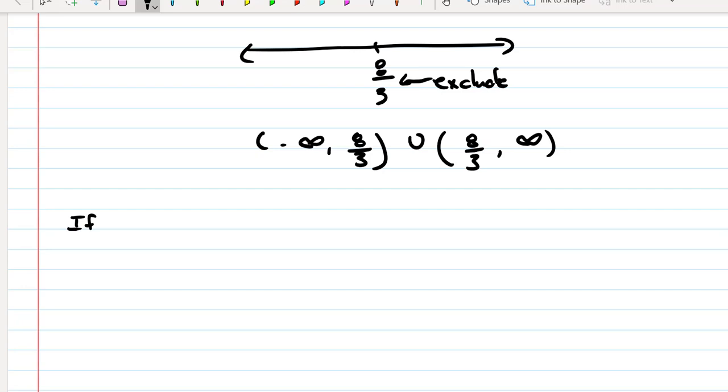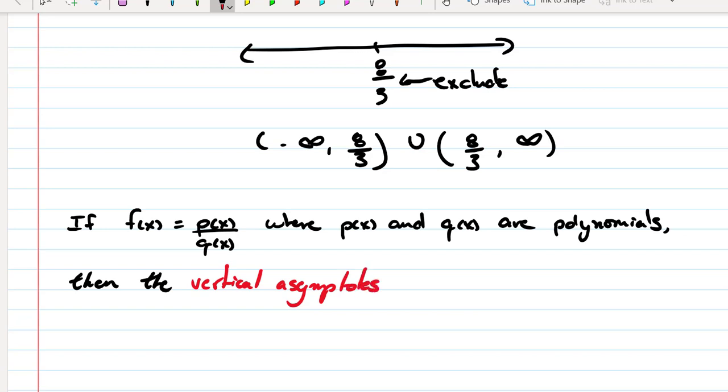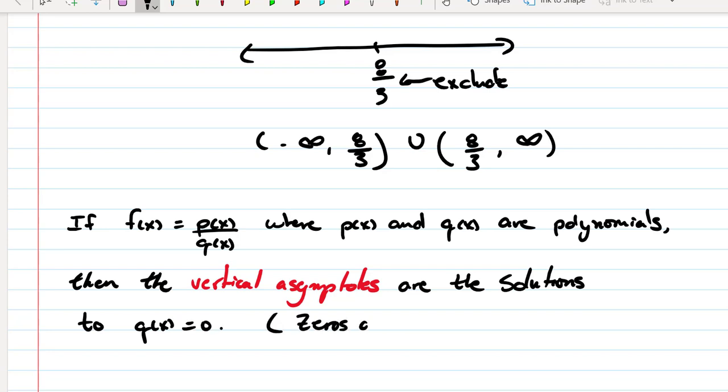So if we have a rational function, so if f of x has the form p of x divided by q of x, where p and q are polynomials, then the vertical asymptotes are the solutions to q of x equals 0, which is the same as the zeros of q of x.